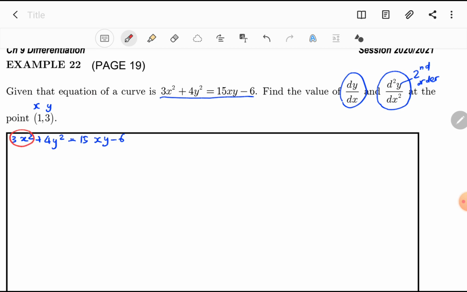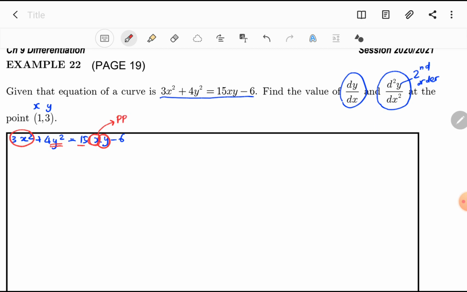3x squared, we can differentiate explicitly, directly. And for this one, we have y, so implicitly. And here we have 15, the coefficient, x times y, so we have x times y in multiplication form.